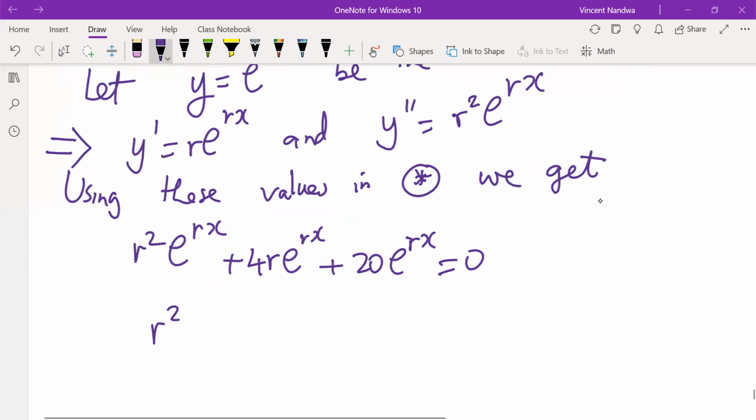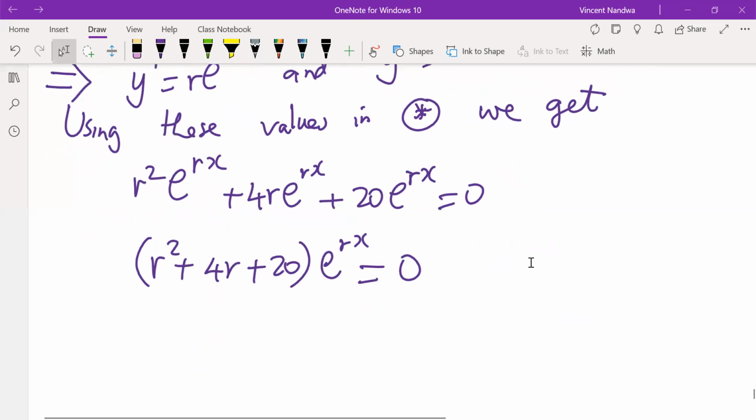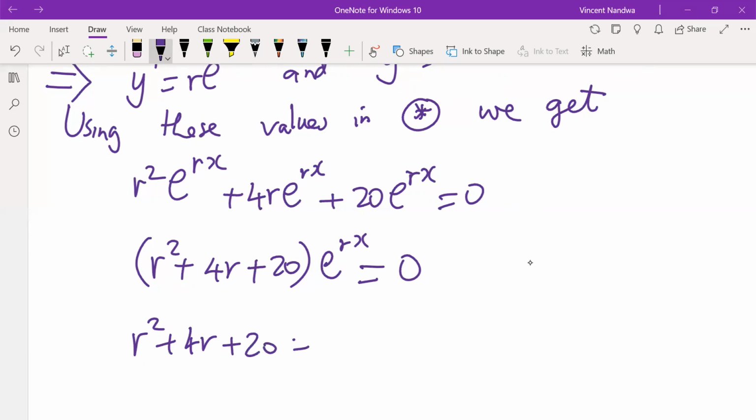So r squared plus 4r plus 20, times e raised to power rx, equals 0. So r squared plus 4r plus 20 equals 0, since exponential cannot be 0.